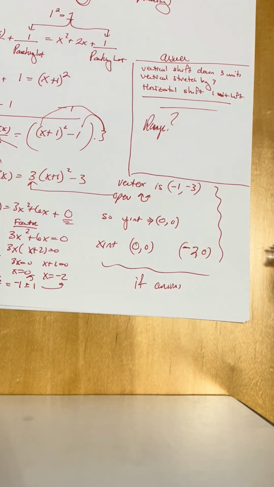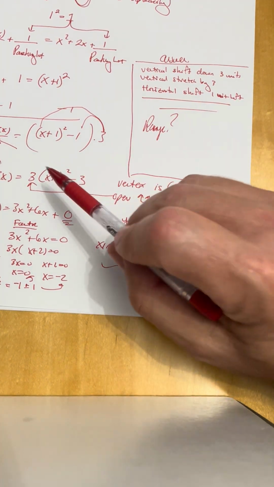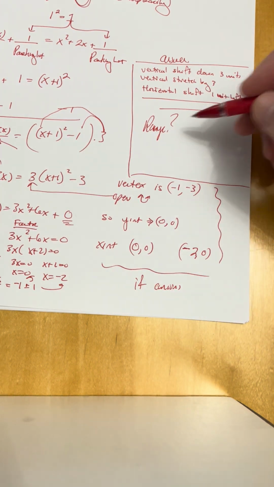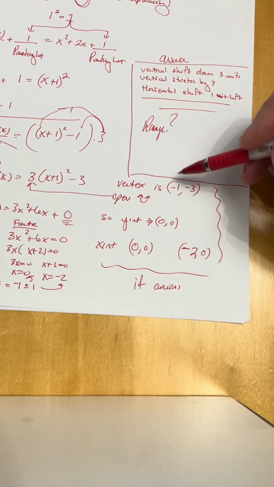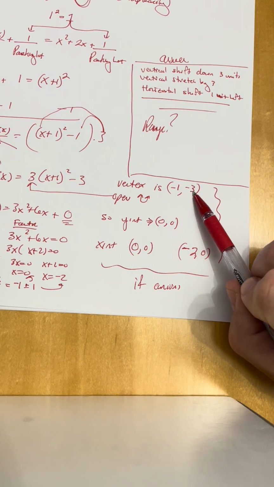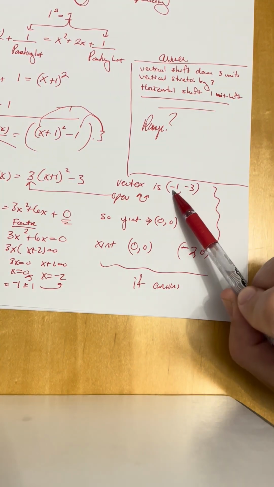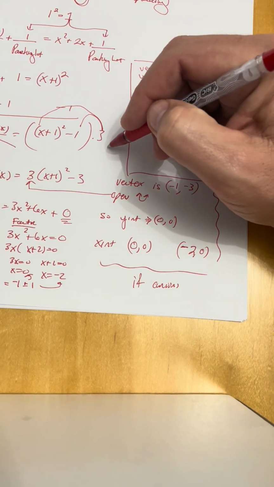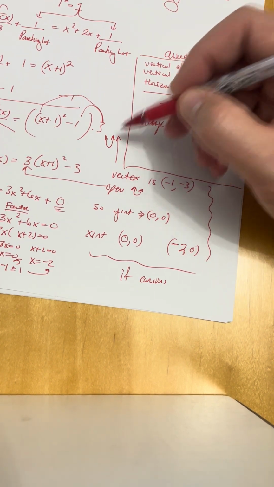One of the other questions is, what about the range? Well, this opens up because it's positive, and range is the y values. If our vertex is the ordered pair -1, -3, now remember, it's h, k, and it comes out as the opposite of this. So it's -1, -3. Since this opens up, our y values are going up.